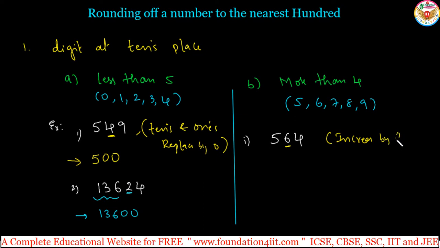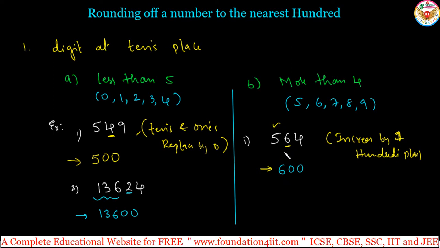The hundreds digit is 5, so we make it 6, and the tens and units places are replaced by 0. So 564 to the nearest 100 is 600.